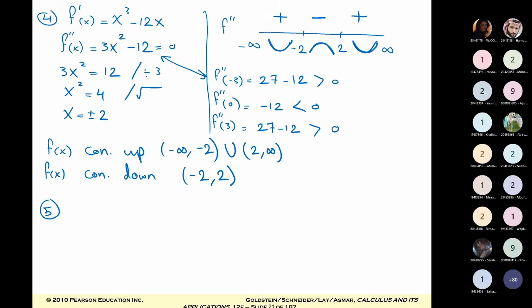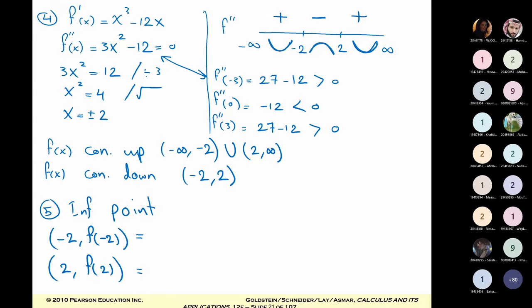Number 5, we can find the inflection points also. The inflection points are at minus 2, f of minus 2, and 2, f of 2.